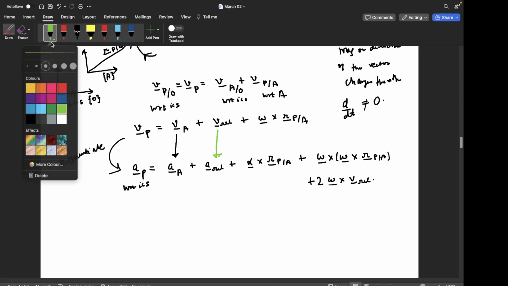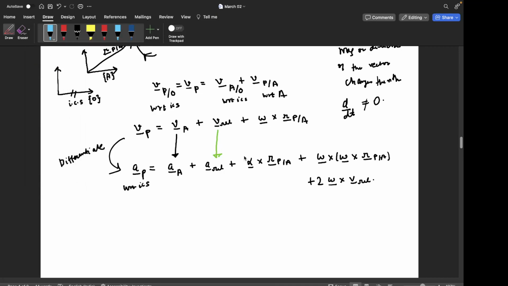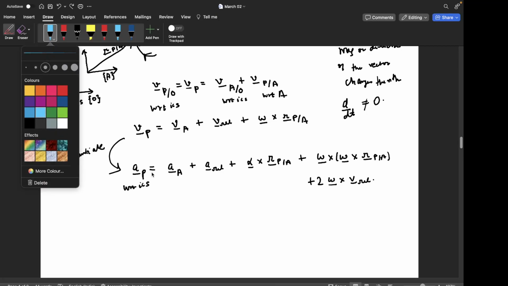Okay, and differentiating this gives the entire thing, all the three terms. No, wait.